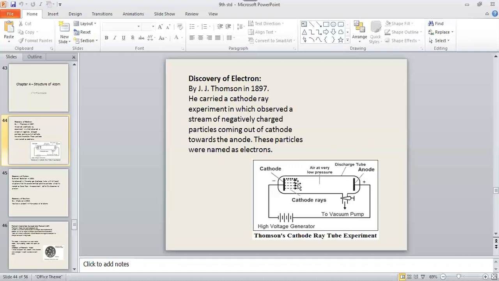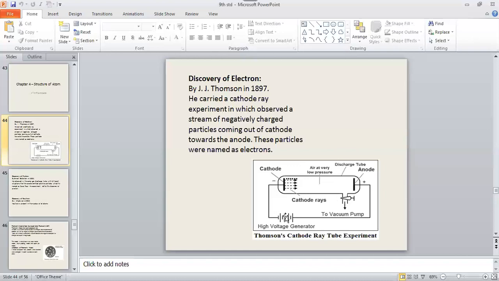Now what is this experiment actually? This is called a discharge tube. It is a glass tube containing a negatively charged electrode, the cathode, and a positively charged electrode, the anode. Air is placed at low pressure in this glass tube. This is the vacuum pump to control the pressure of gas in the discharge tube.